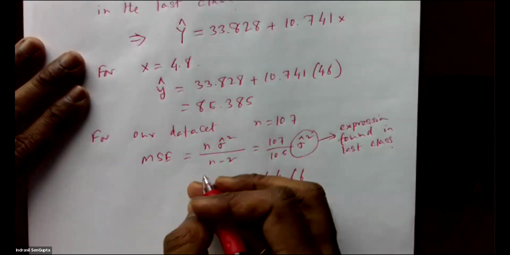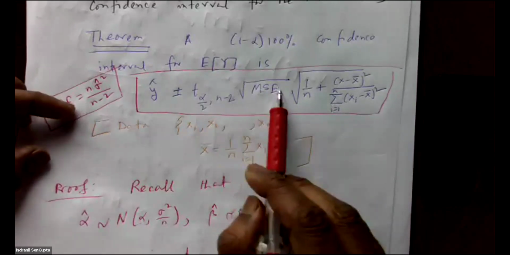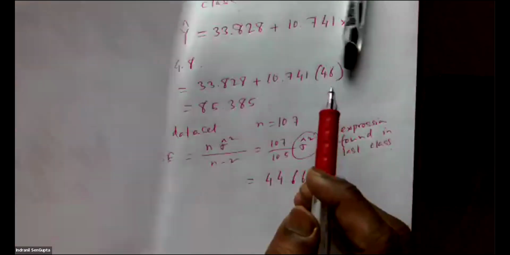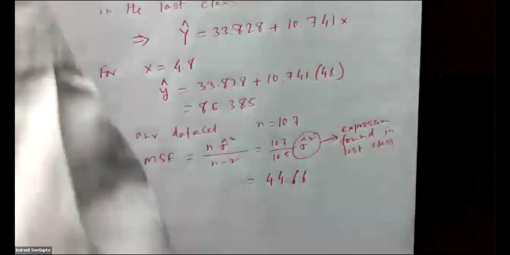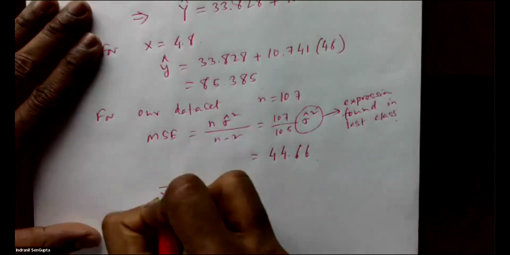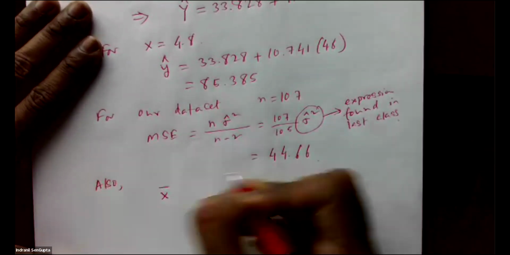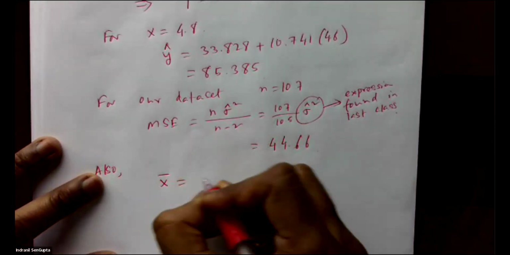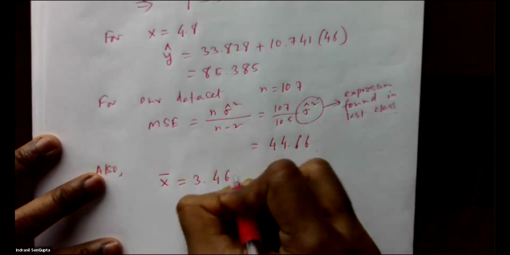So now, what about the other two? We are done with y hat. We are done with MSE. So n we know. So x minus x bar squared. x bar also I can compute. This is very easy to compute. x bar is the average of all the x's which are provided. It's 3.46075.